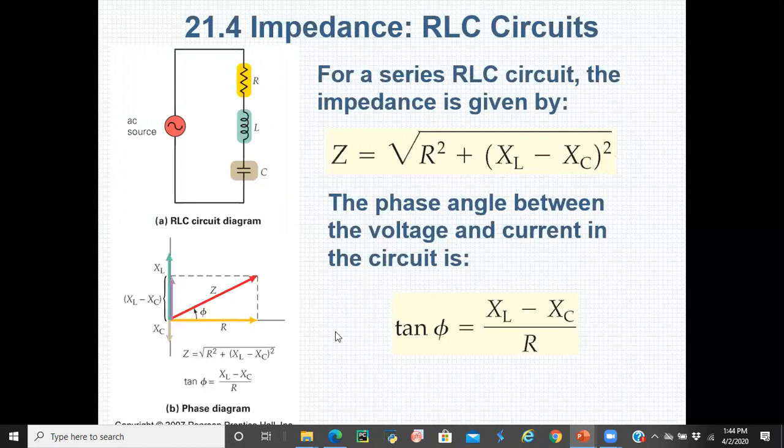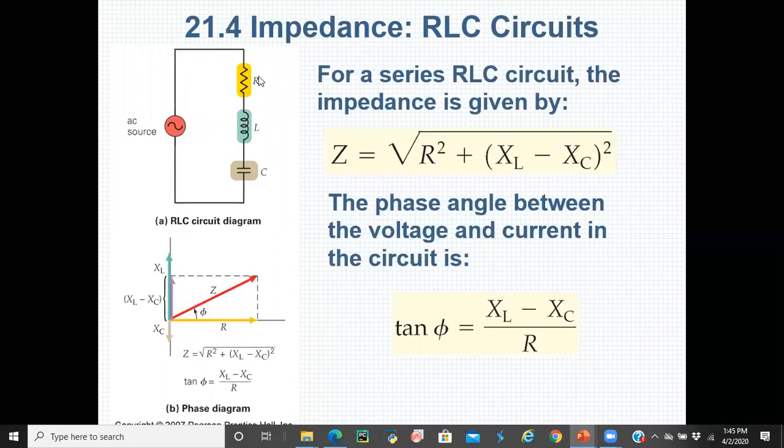The angle between the voltage and the current: we know they are not in phase when the circuit is not pure. The voltage and the current are in phase only in a pure resistive circuit, which means there is an absence of L and C, and only R is connected to the source.